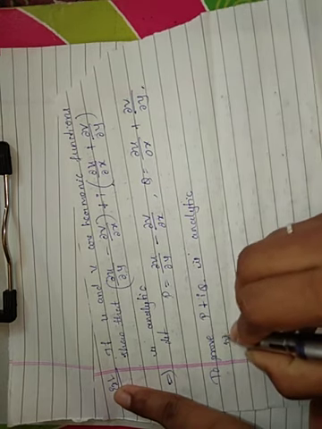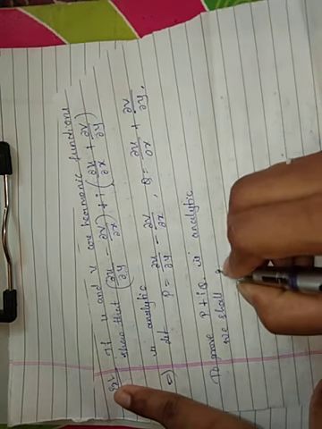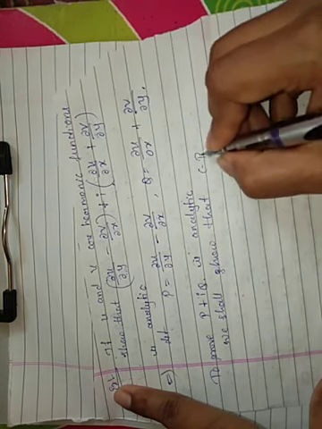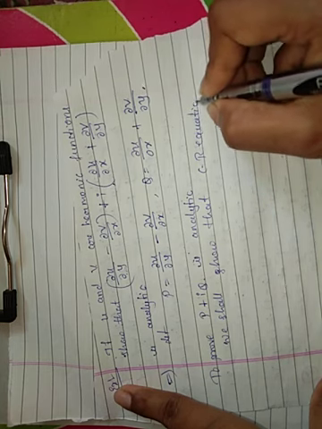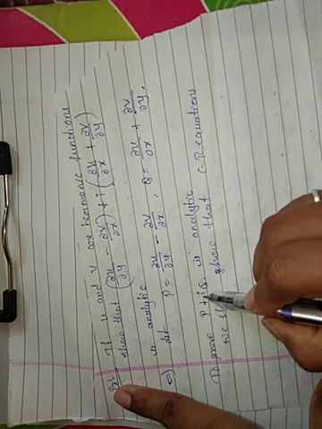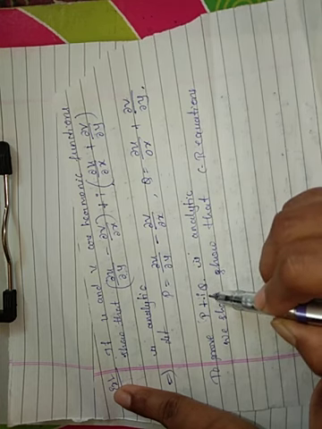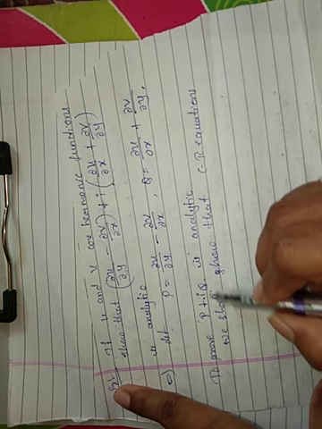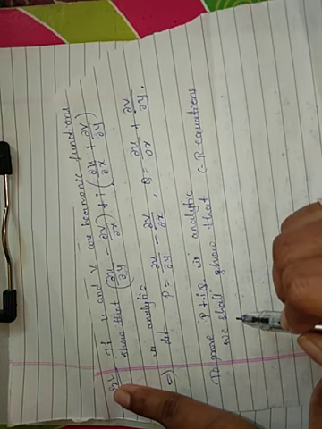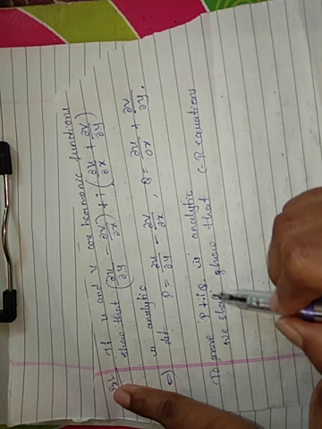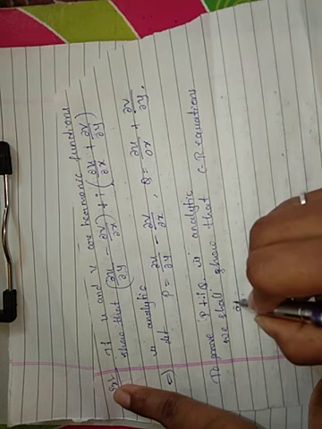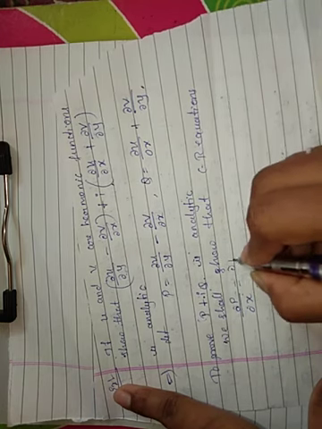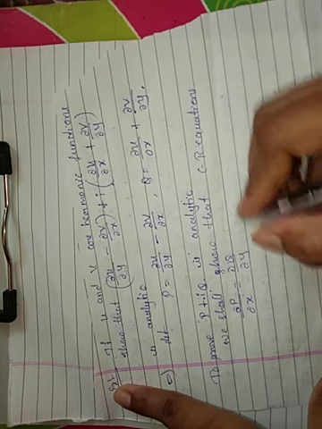For an analytic function in the form u plus iv, the CR equations are dou u by dou x equal to dou v by dou y, which in terms of P and Q is dou P by dou x equal to dou Q by dou y.